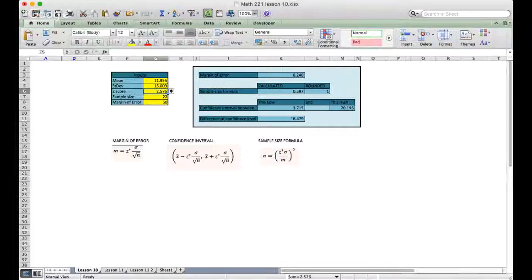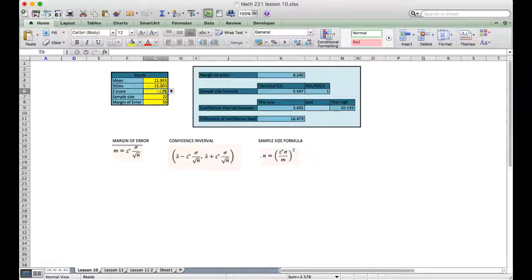Oh, I see where you got it. Okay, you put 95 in there. So you need to multiply by 1.96, not the t-score that you're seeing from the calculations here. I got it. Okay, cool.